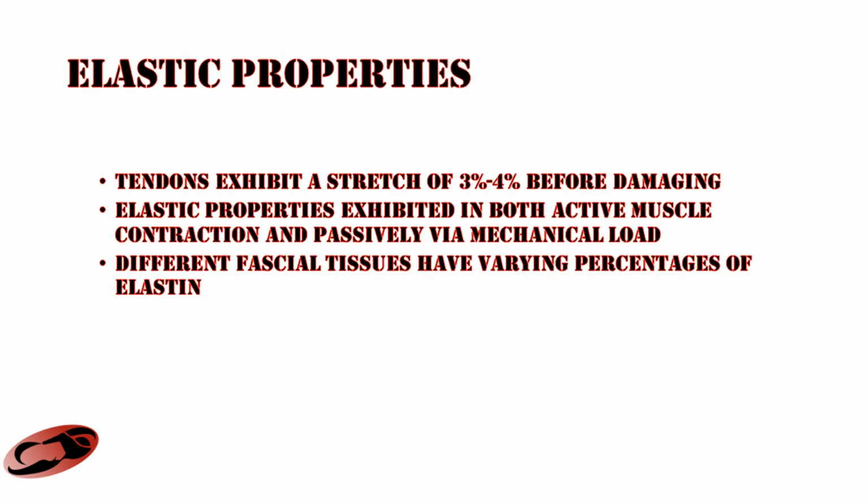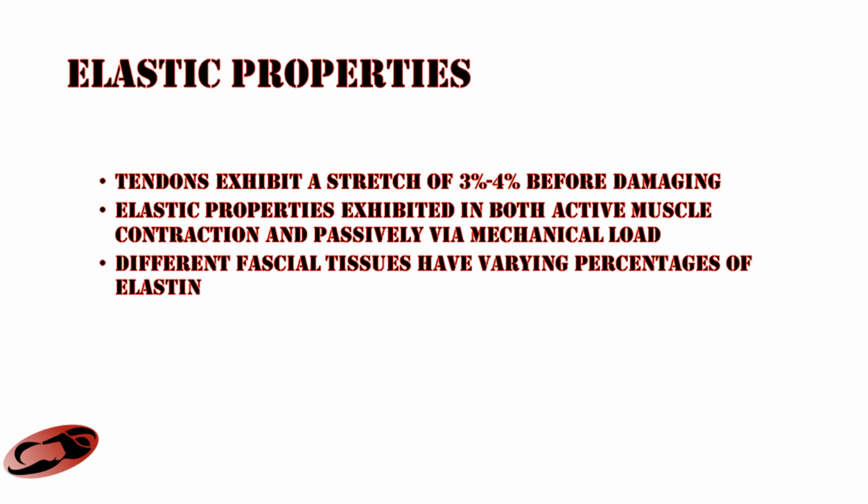So fascia has some level of elasticity, and that is represented by the amount of elastin in the fascia. Elastin is a fiber that is able to actually stretch to 230% of its passive length. And so we see in tendons, they can stretch about 3 to 4% before damage. So they stretch a little, but not a ton.